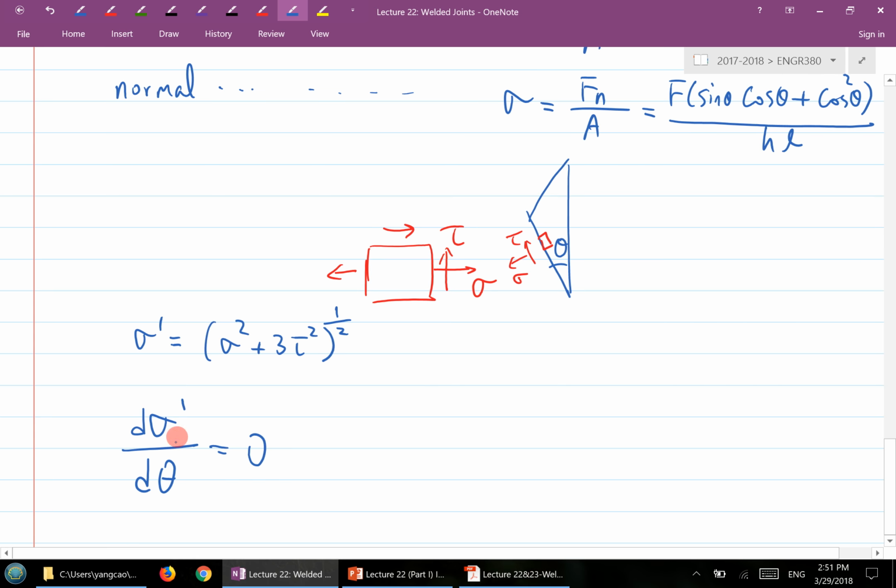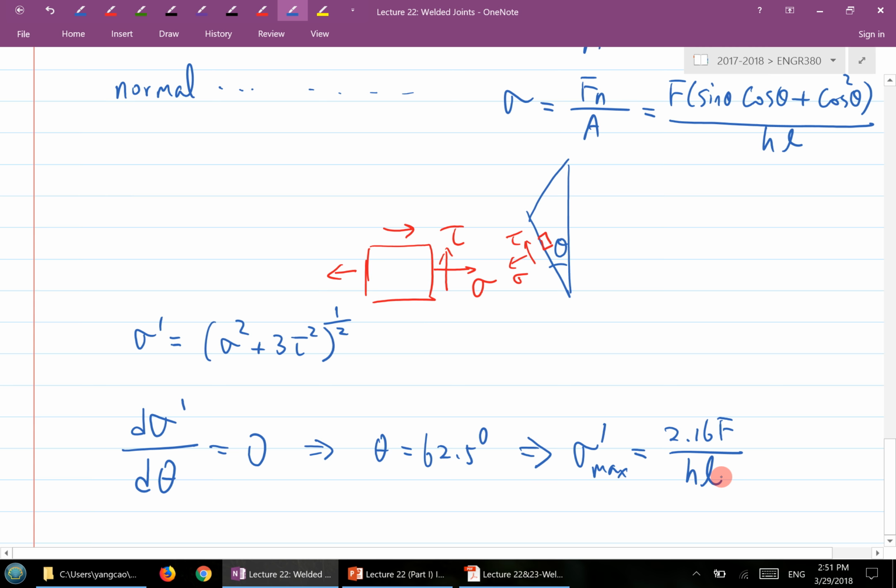If you do this step, you'll find that theta equal to 62.5 degrees gives you the critical condition. For this particular angle, my von Mises stress sigma prime takes a maximum value, and the maximum value is 2.16 times F divided by HL.